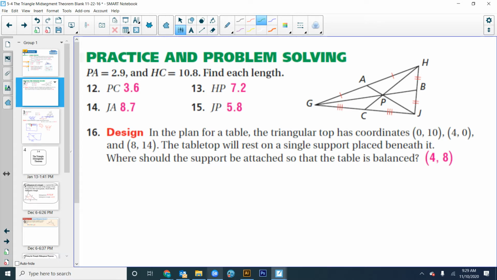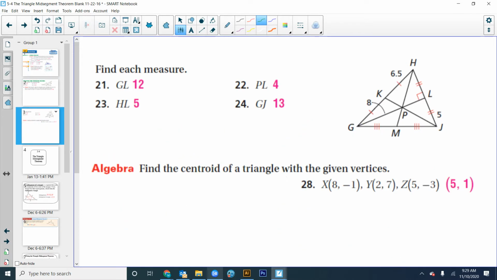Was the last one 21 through 24? Did I give you all 21 through 24? Yes. I think so. I know we need to do 24. All right, any questions on other ones other than 24?